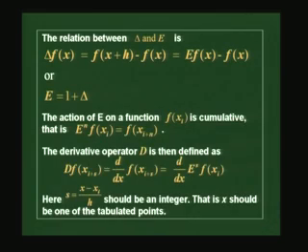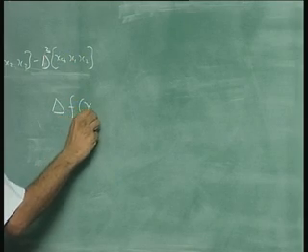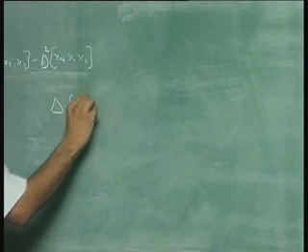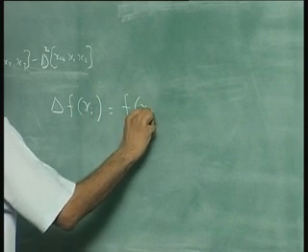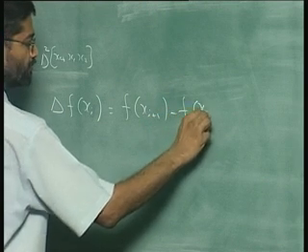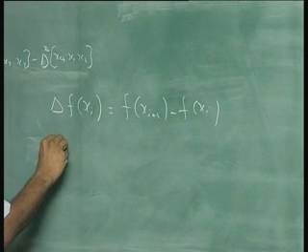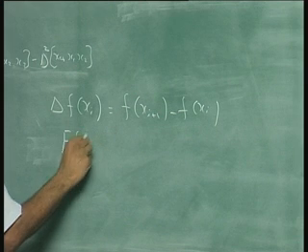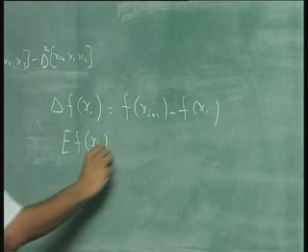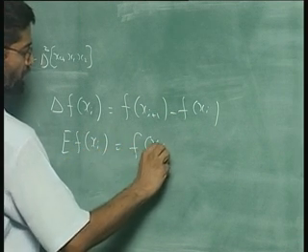Now we can use these two conditions that we just wrote down. We had delta f of xi, which is f of xi plus 1 minus f of xi, and e acting on f of xi will give us f of xi plus 1.